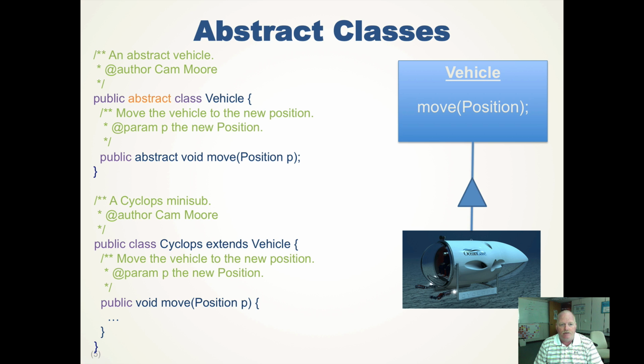Abstract classes are very valuable. They're somewhat similar to interfaces that define the structure, whereas abstract classes can actually implement much of the structure, allowing subclasses to focus just on the pieces that are specific to the subclass.